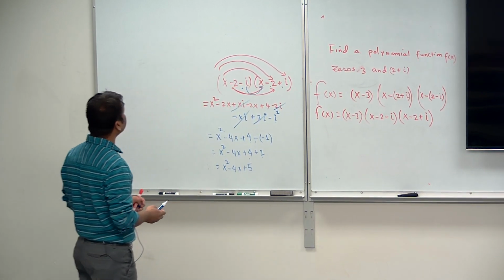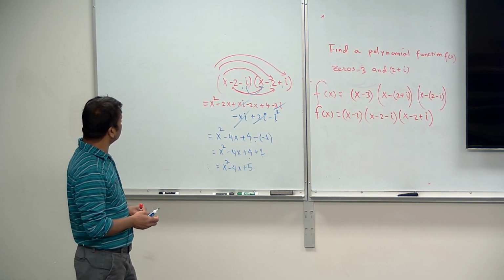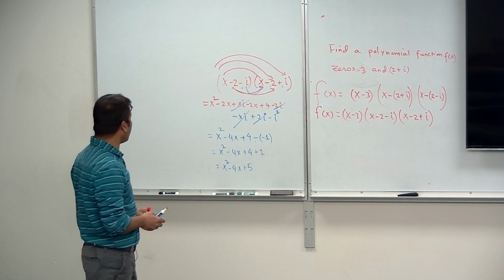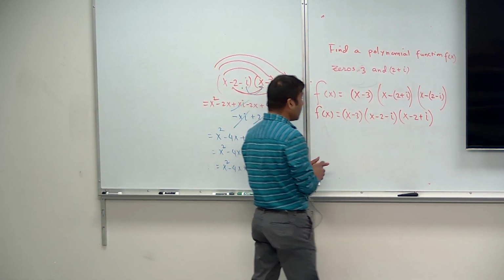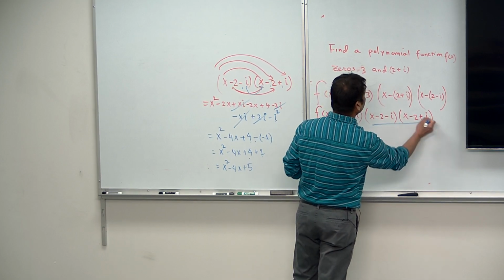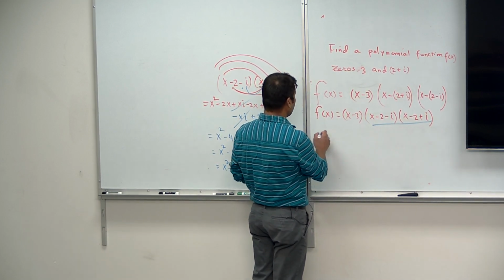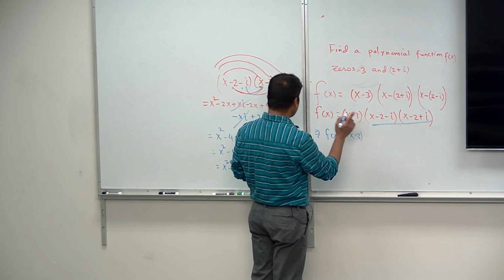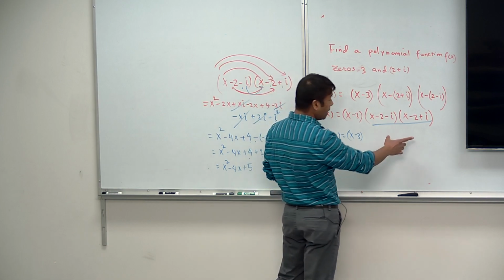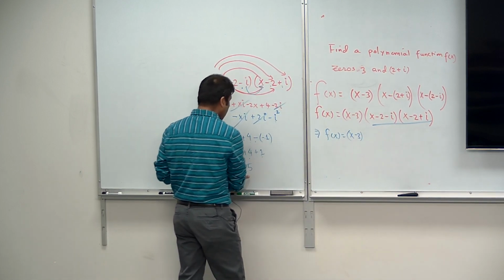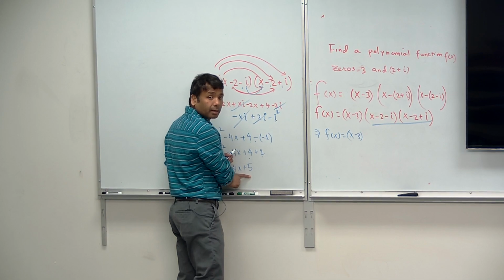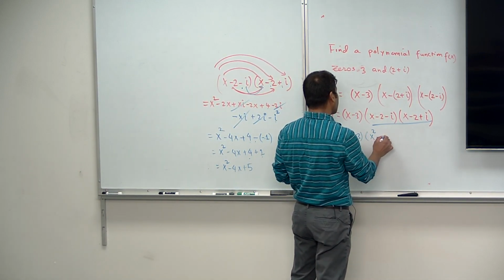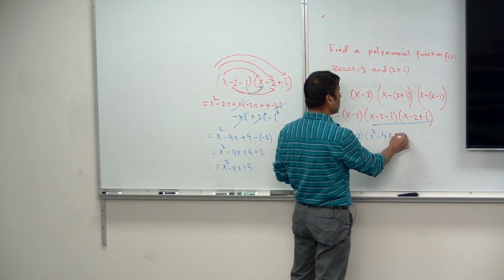Are you guys with me? Okay. So now you see we multiplied these two and we got that one. So now f(x) equal to x minus 3 times, in place of the product of these two, x squared minus 4x plus 5. I can replace this by x squared minus 4x plus 5.